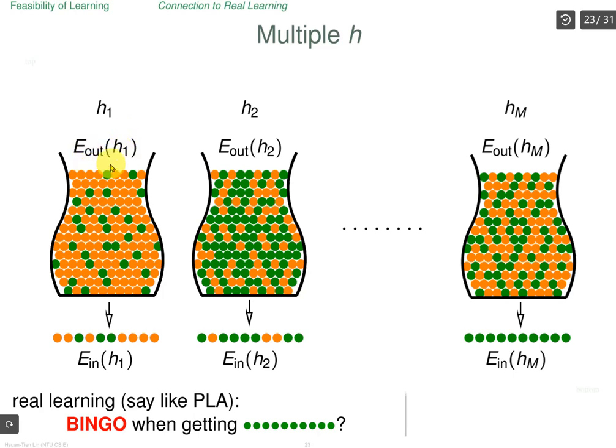We also have M out-of-sample errors and in-sample errors, calculated using the sample data. Like the perceptron, in this case we want to select one out of M hypotheses, one for each different bin. For sampled marbles, we have a different in-sample error for a single fixed hypothesis, according to Hoeffding's inequality.